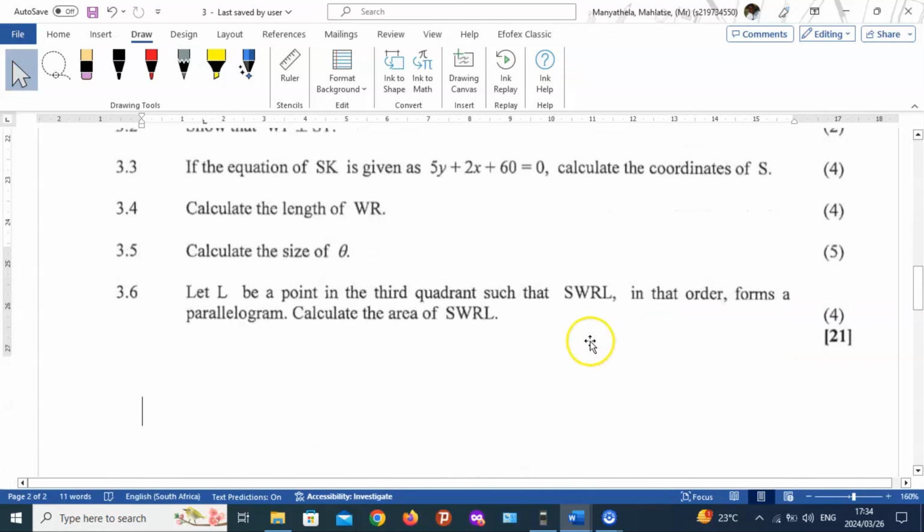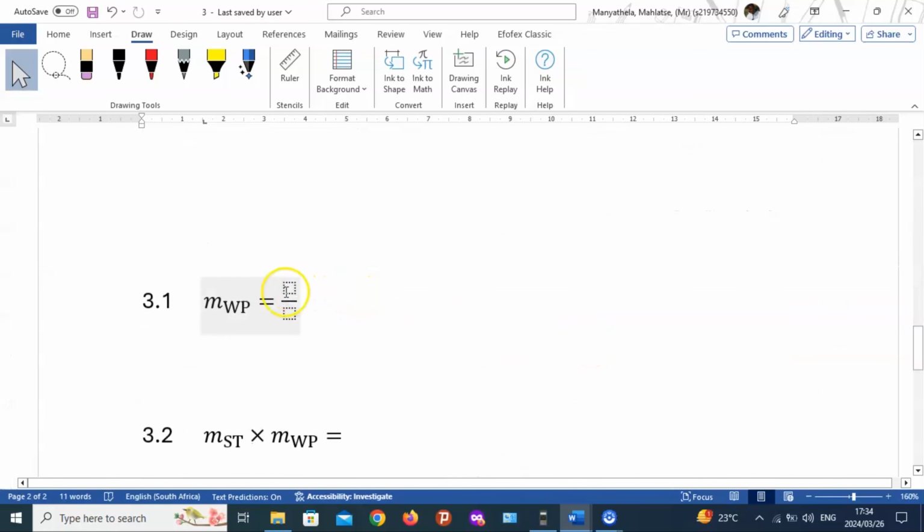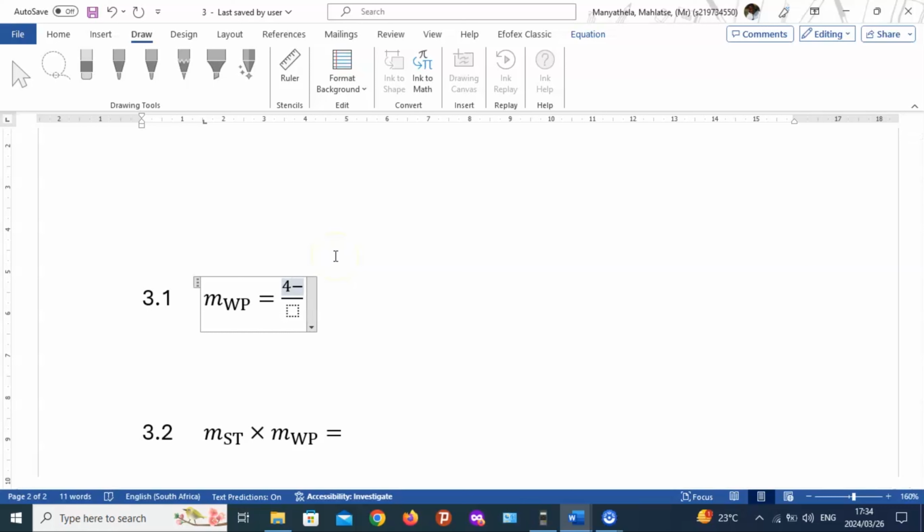So the gradient of WP will be equal to 4 minus -4 all over -4 minus 0.